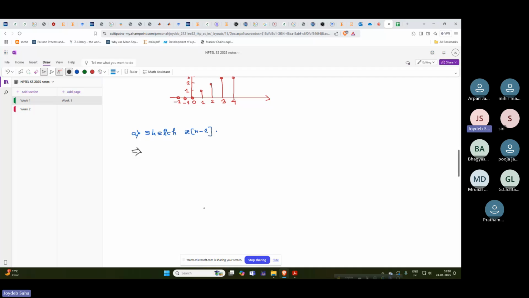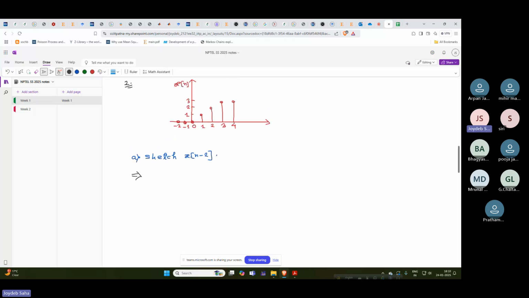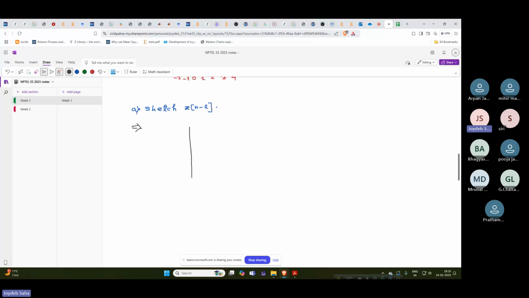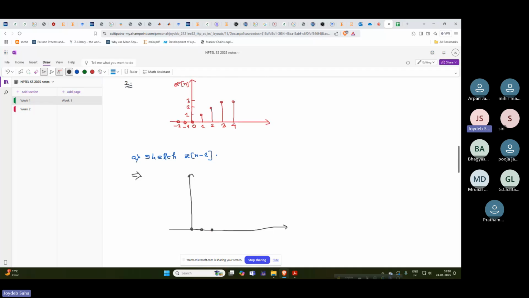Okay. So if we plot x(n minus 2), that means 2-step delayed, right? So it will be like this only. It will start from here, just shift it 2 units from here.